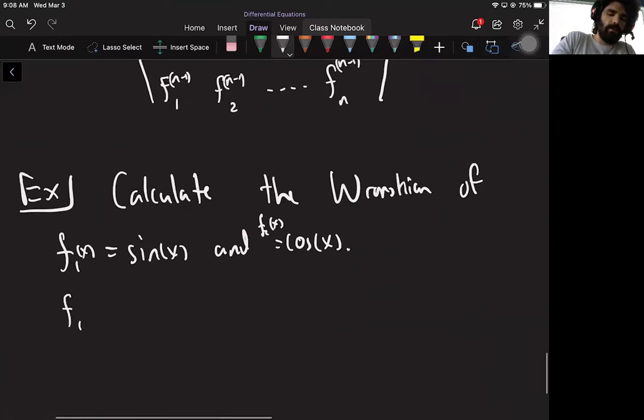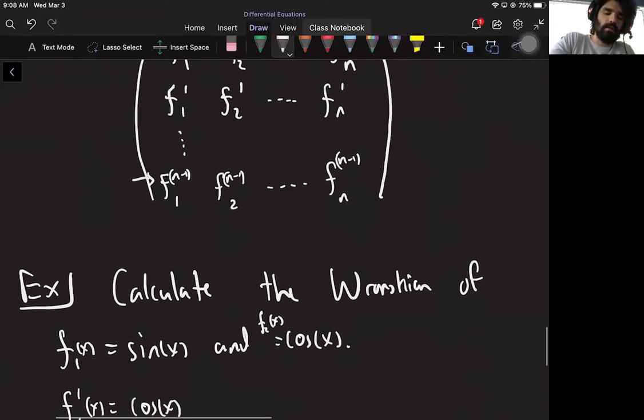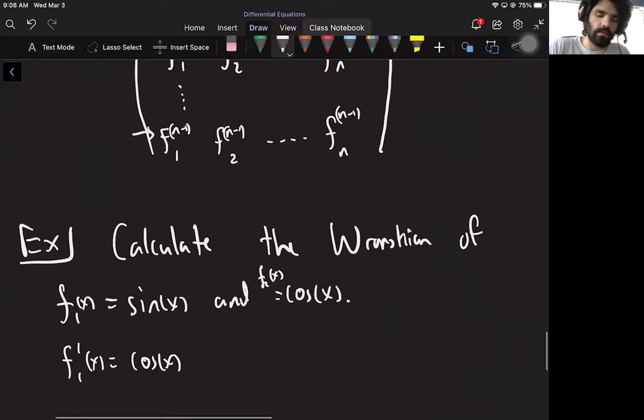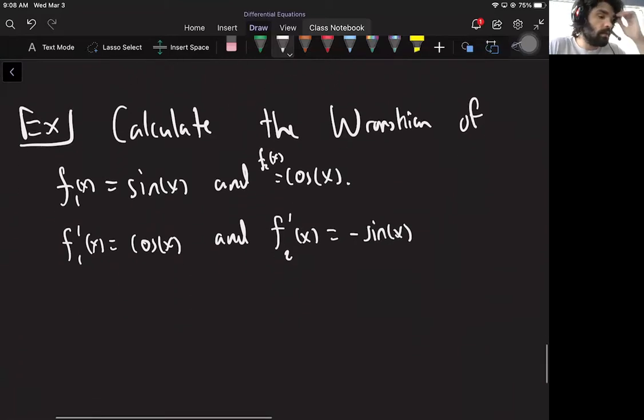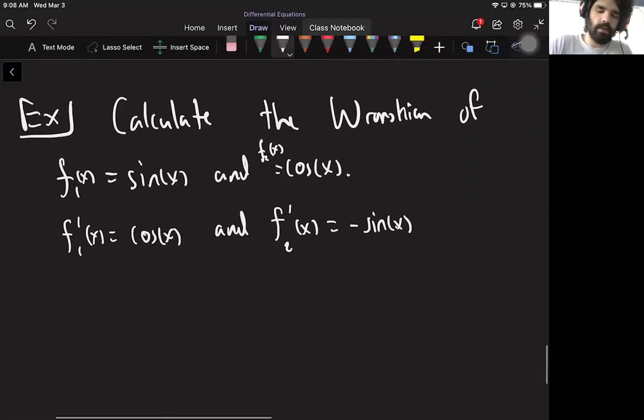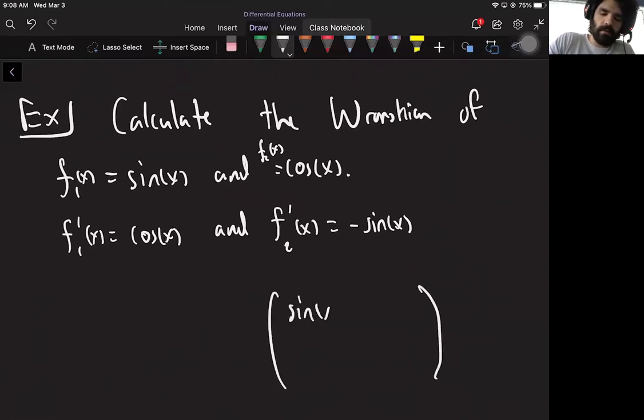And I just need the first derivative of each one, because that would be n minus 1 here, since n is 2, since there's two functions. N minus 1 is 1, so I just need the first derivative. Okay, so then I stick them in this matrix. So my first function goes here, my second function goes here, then the first derivatives go underneath.